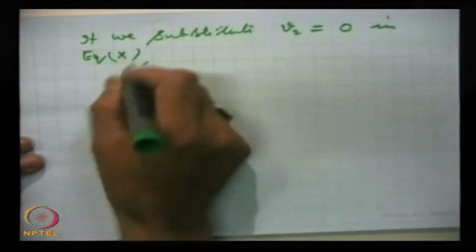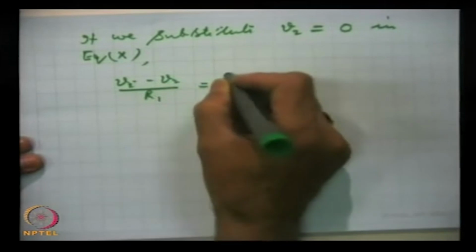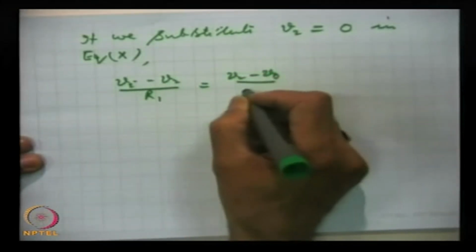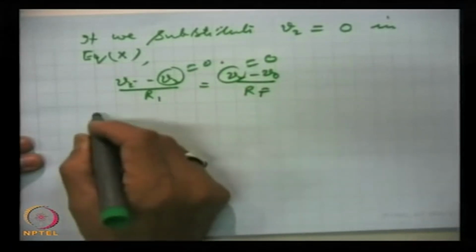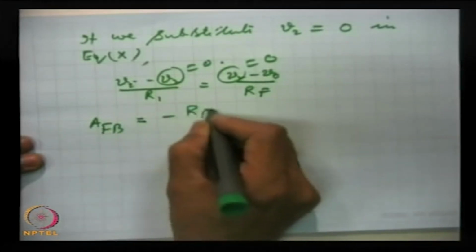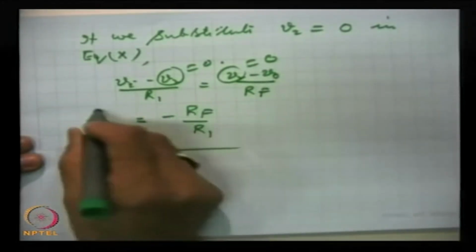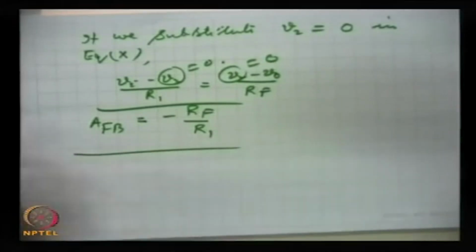Here this equation X was Vi minus V2 by R1 equals V2 minus V0 by RF, and from here if we substitute this as 0, this is 0, this is 0, then the gain AFB is equal to minus RF by R1. Same expression which we have obtained above, we get with V2 equal to 0.